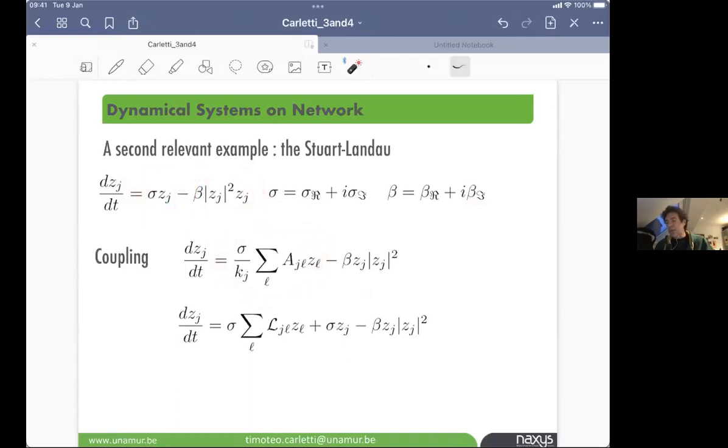So here I decide that at a node j, the variable Zj feels the impact of all nearby Zl. And then I divide by the average, by Kj, to have the average. So I have to deal now with this equation, which is for the nonlinear part the same as before, but for the linear part a linear combination of the linear part I had before.